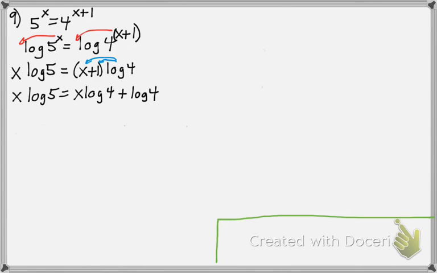Now, one thing I need to do in this problem that we didn't have to really worry about on the other ones is that I have more than one x here. So when that happens, you want to get the x terms onto one side.